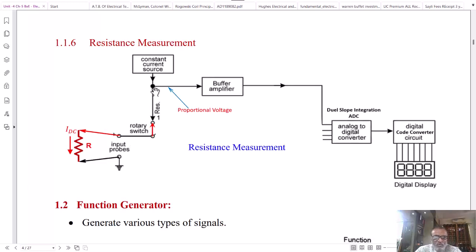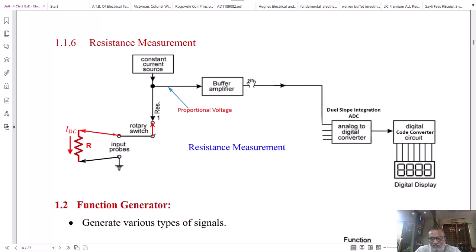This 1 volt is connected to a buffer amplifier. A buffer amplifier is simply an amplifier which provides very high input impedance so that the meter does not have a paralleling effect on the unknown resistance. Normally, this amplifier has unity gain, so the buffer amplifier output will be the same as the input.